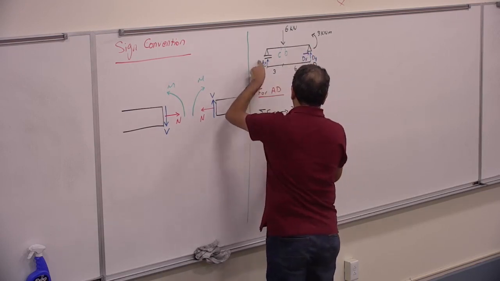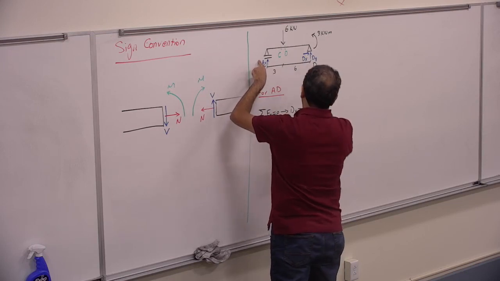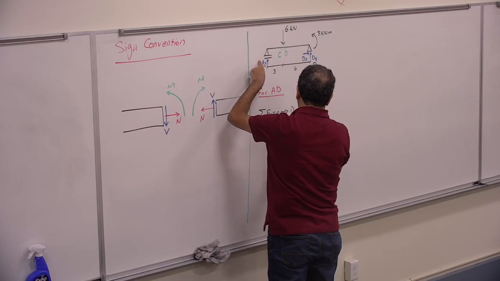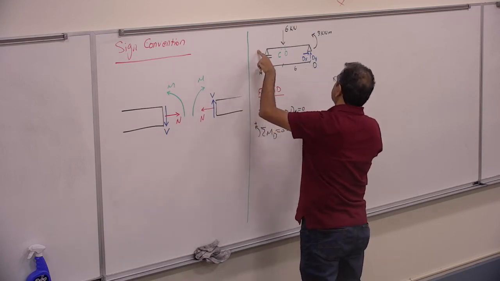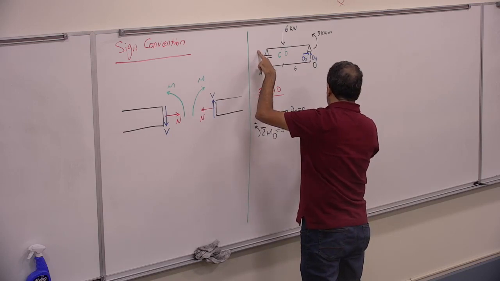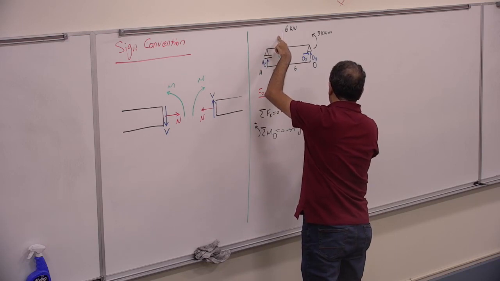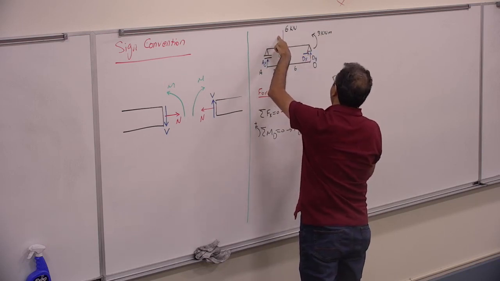So I have AY times 9, and it's going to be clockwise, so it's going to be negative. Then I have 6 kilonewton times 6, and it's going to be counterclockwise, so it's going to be positive.